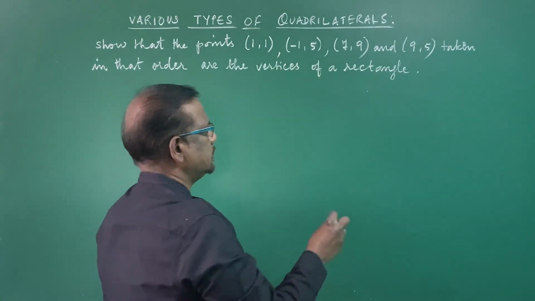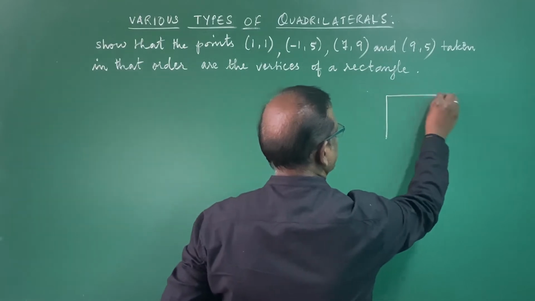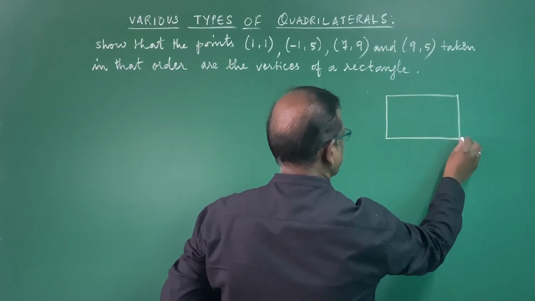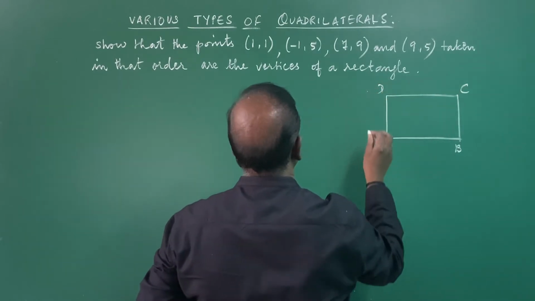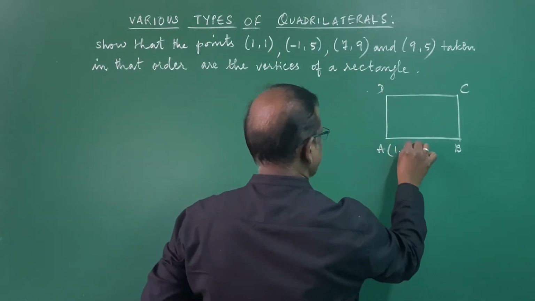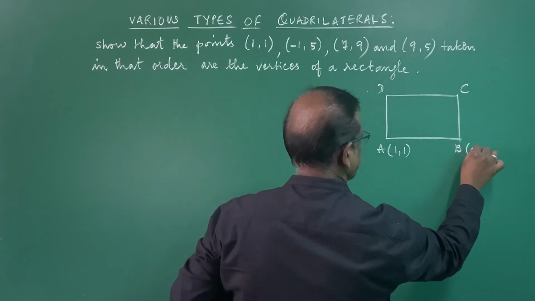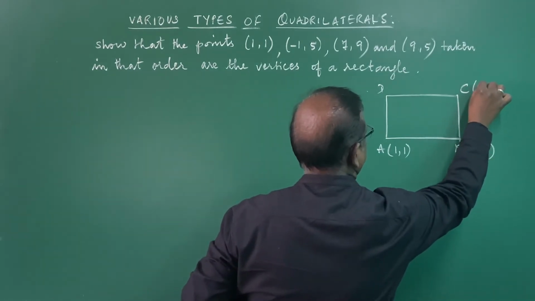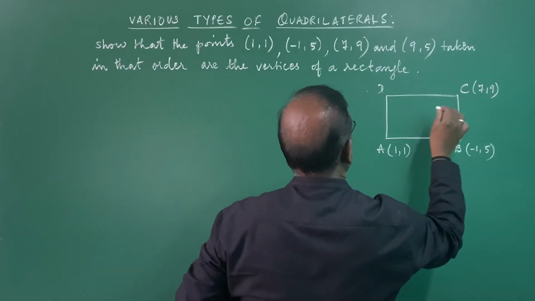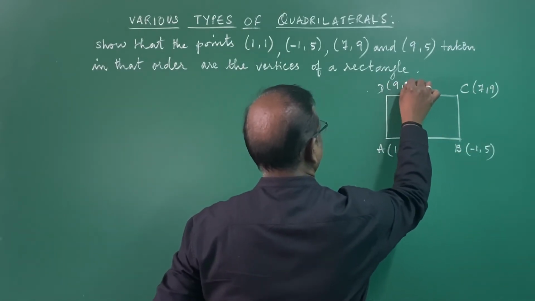Let us draw a diagram of a rectangle and name them as A, B, C, D. A is (1, 1), B is (minus 1, 5), C is (7, 9) and D is (9, 5).